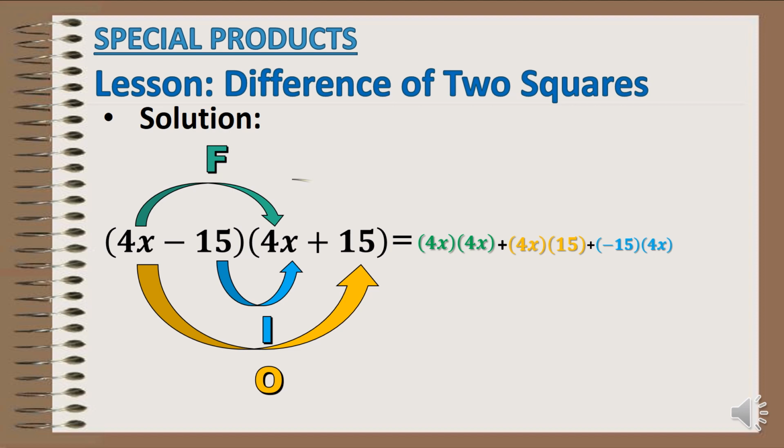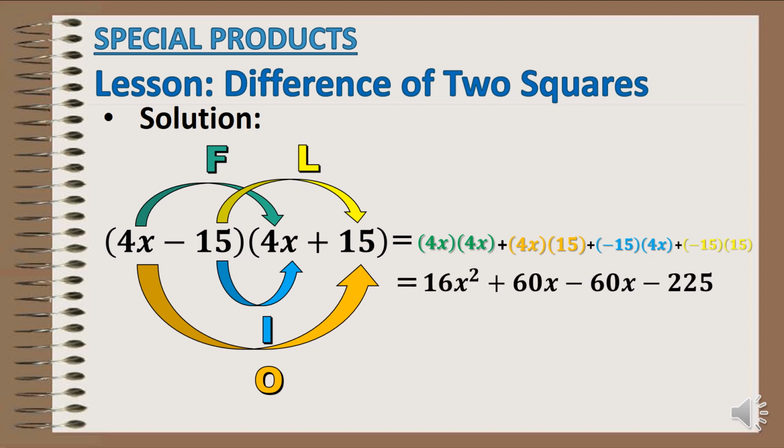And our last terms, we have plus negative 15 times 15. So, simplify, we have 16x squared plus 60x minus 60x minus 225. Our middle term is being cancelled out. Final answer is equal to 16x squared minus 225.